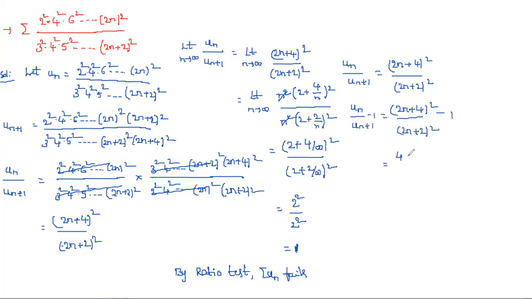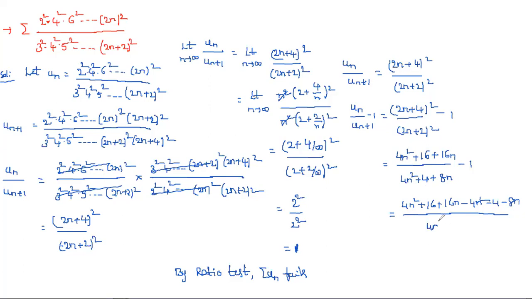So this is nothing but 4n square plus 16 plus 16n, by 4n square plus 4 plus 8n, minus 1. So if you simplify this one, 4n square plus 16 plus 16n minus 4n square minus 4 minus 8n, by 4n square plus 8n plus 4.